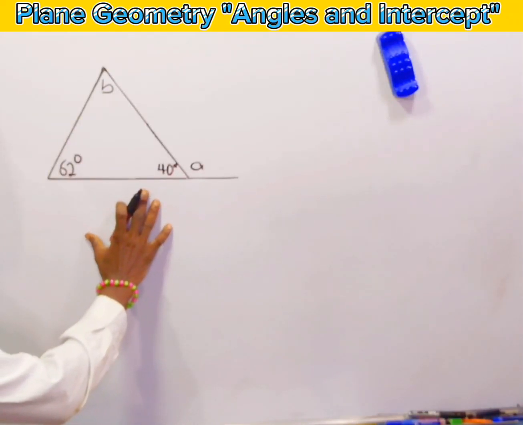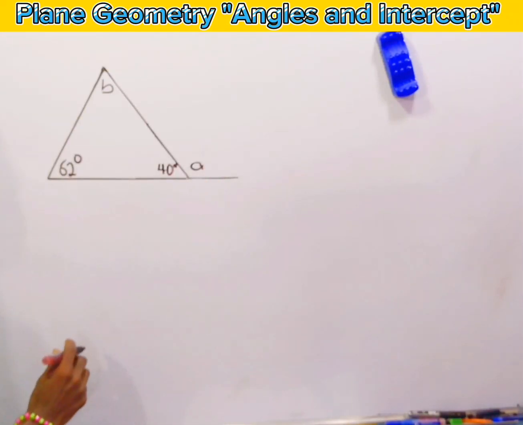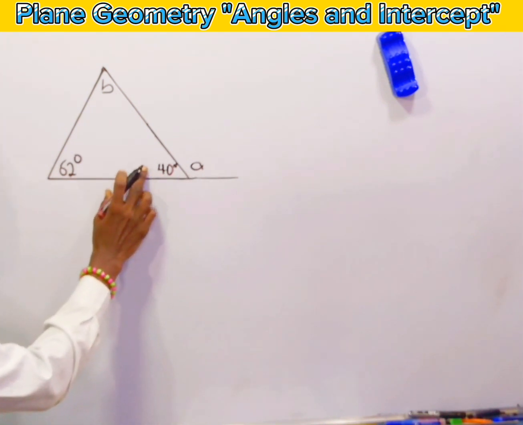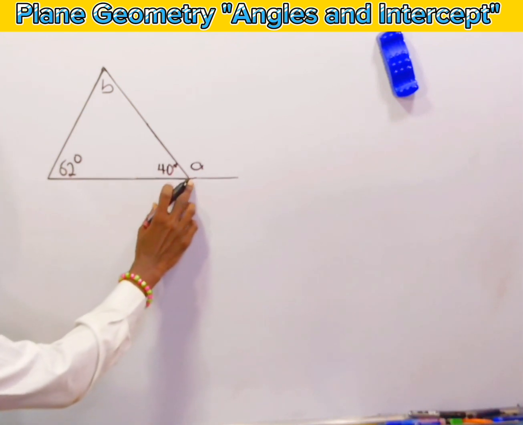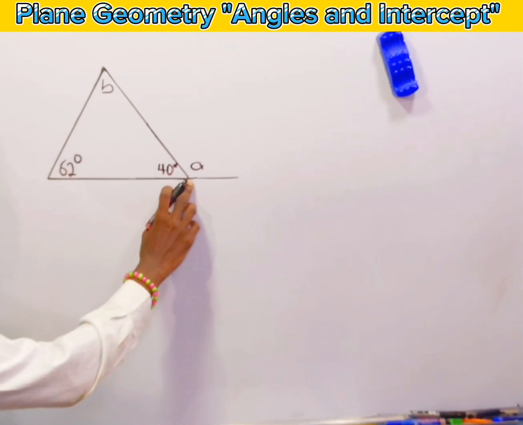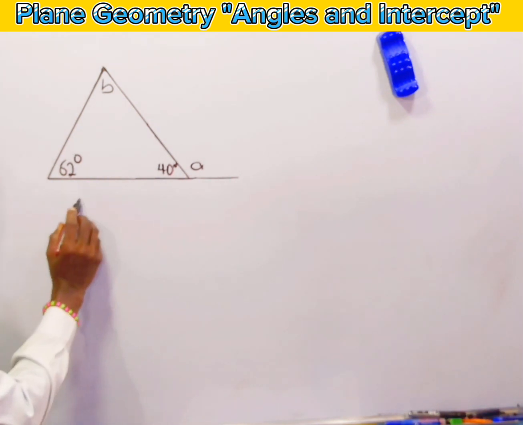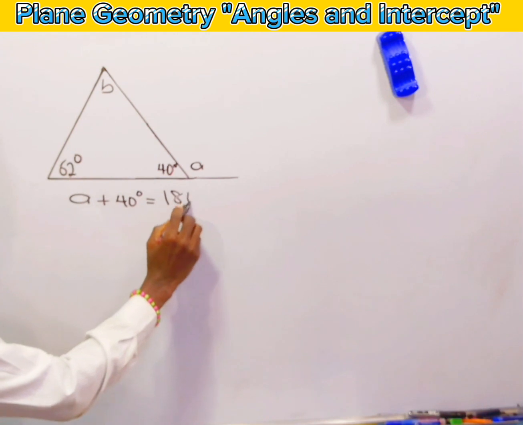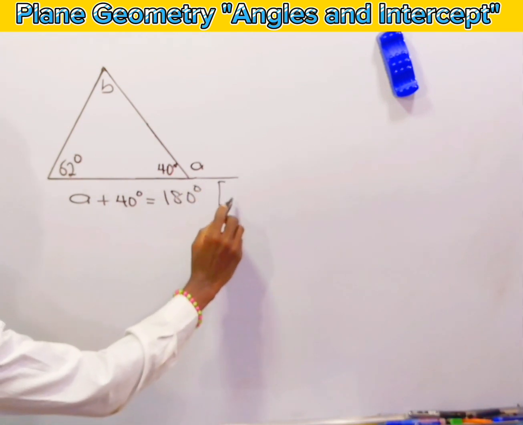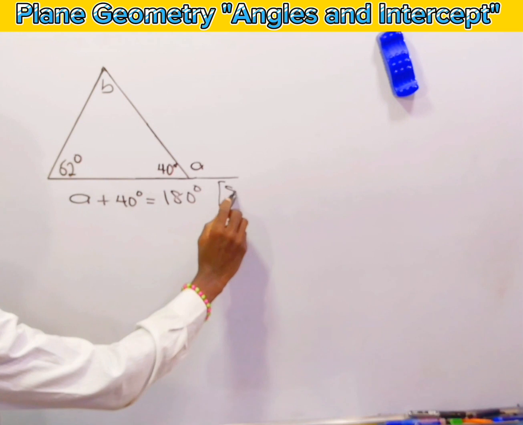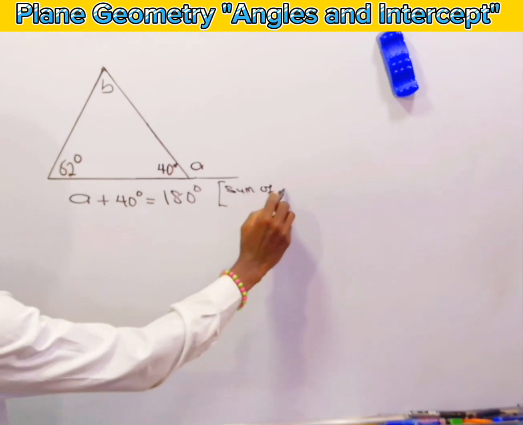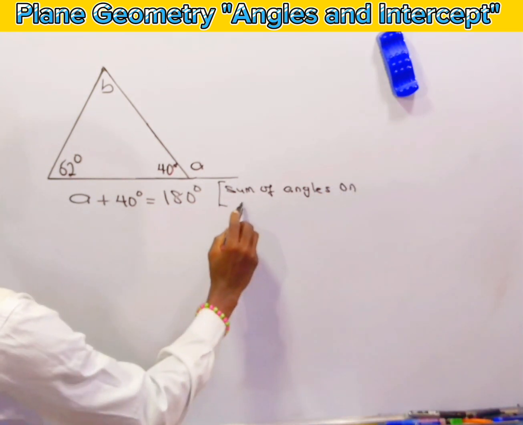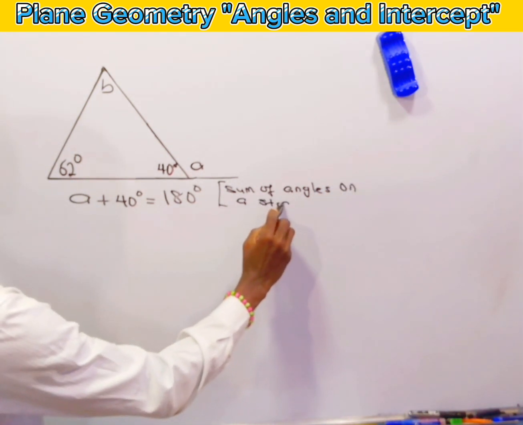First of all, let's find the value of A. Now looking at A and 40 degrees, they share the same vertex. Hence, A plus 40 degrees is equal to 180 degrees, which is the sum of angles on a straight line.